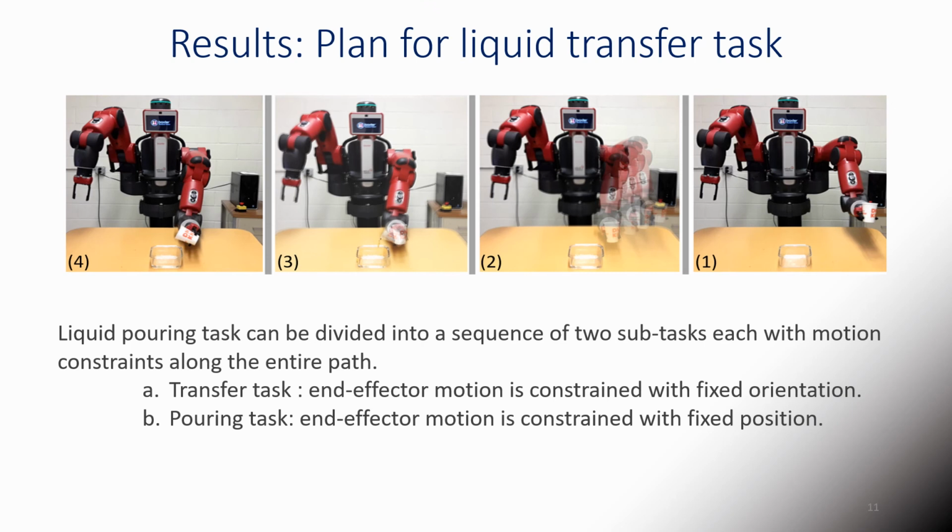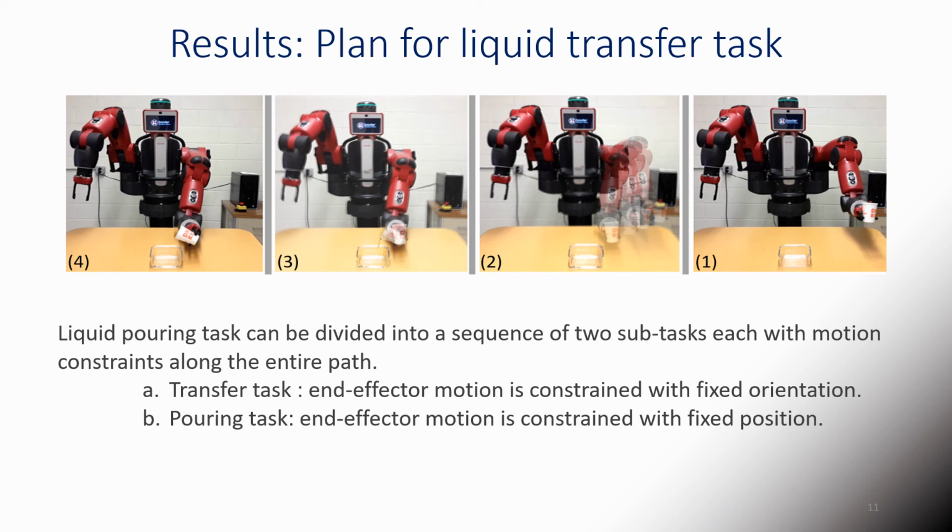Here is an application of the two key features of the proposed planner. In this example, the robot transfers a glass of liquid and pours it into another container. In this task, neither the position nor the orientation of the end effector remain fixed throughout the path. However, the whole task can be decomposed into two subtasks.